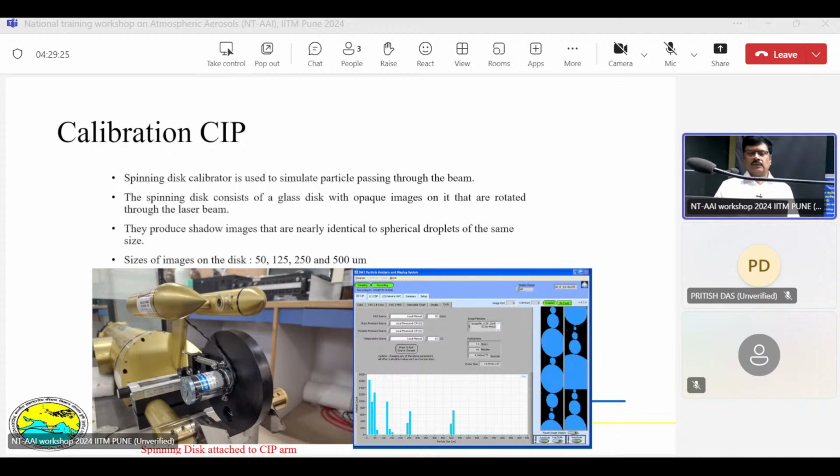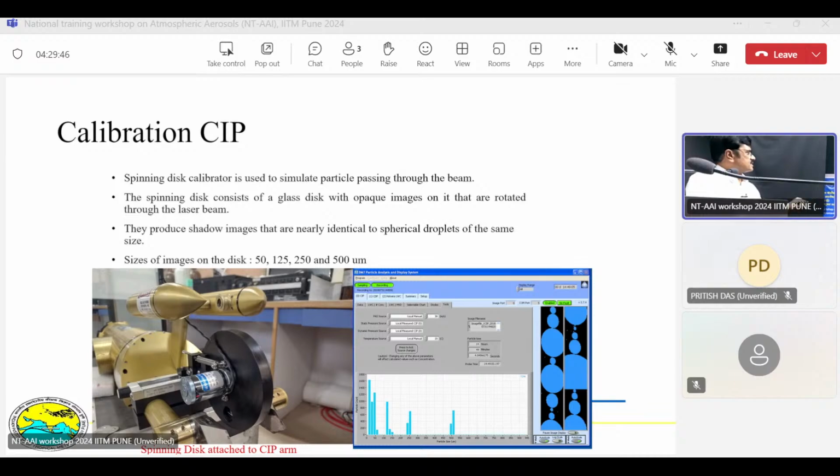Same way for the imaging probe also, in the volume we need to introduce a spinning disk. So you can see here there is a spinning disk which has some known images of different sizes, 50 micrometer to 500 micrometer.